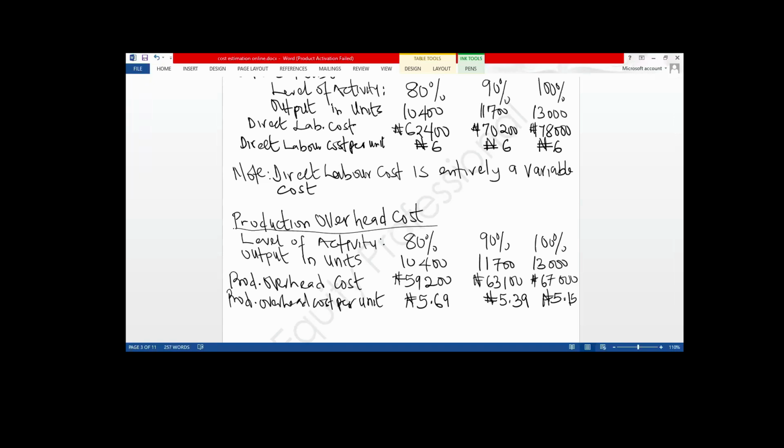As production volume increases, look at it, the overhead cost per unit falls.